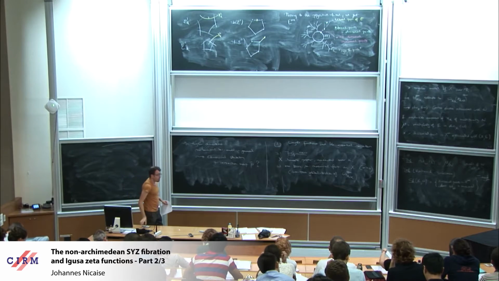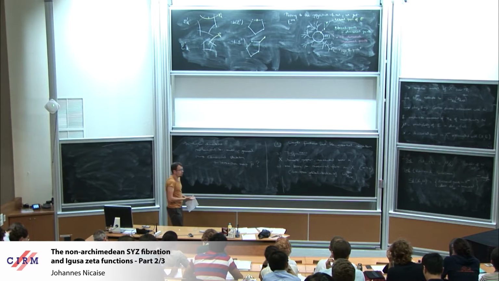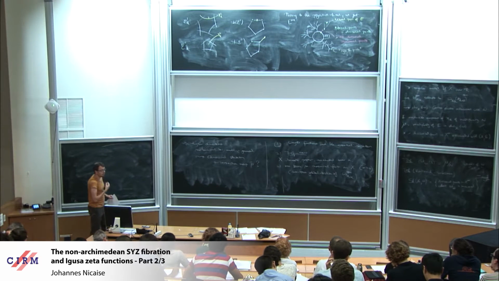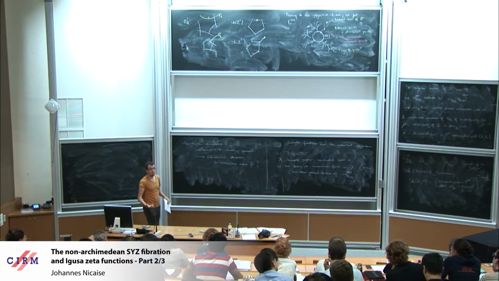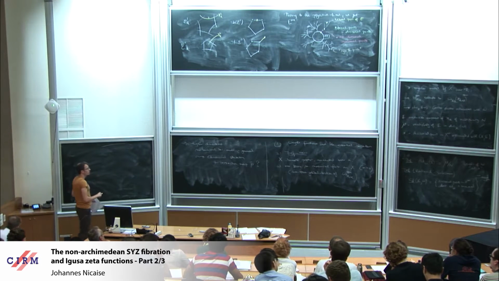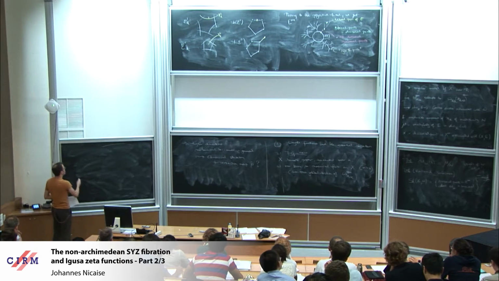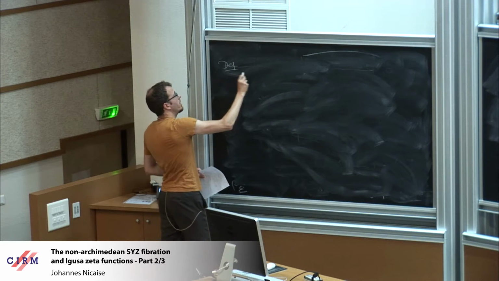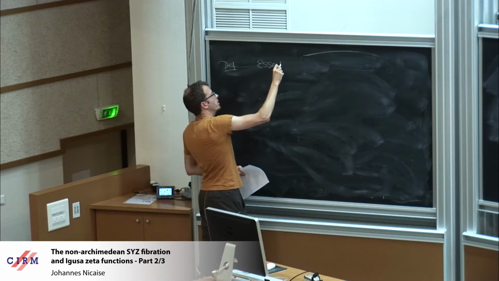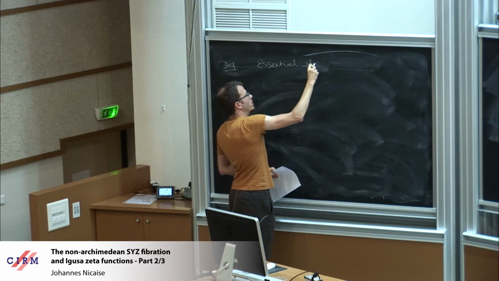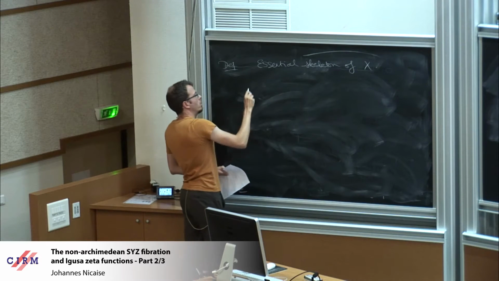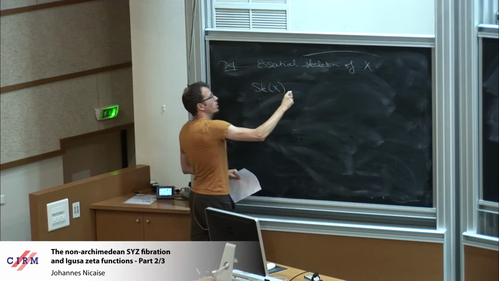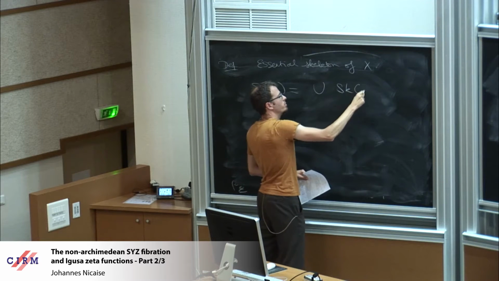And well, Kontsevich and Soibelman, they were essentially interested in the case where X is Calabi-Yau. So in that case, there's basically only one choice for omega to make, namely the volume form. But if you want to generalize their construction to a more general situation, you can define the essential skeleton of X just by taking the union over all possible omega.